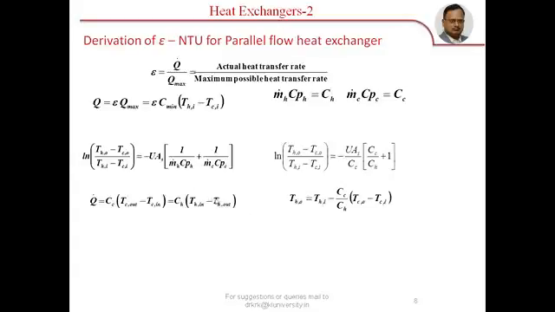So from this equation, you can write THO is equal to, you take the CH to this side, CC by CH into TCO minus TCI, and this minus sign is taken here, and THI. So THO is THI minus CC by CH into TCO minus TCI.